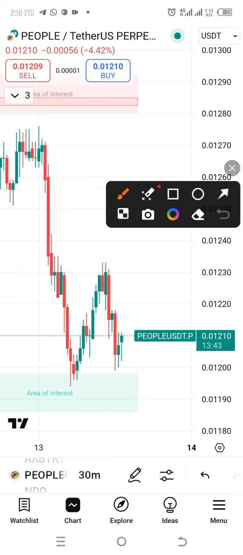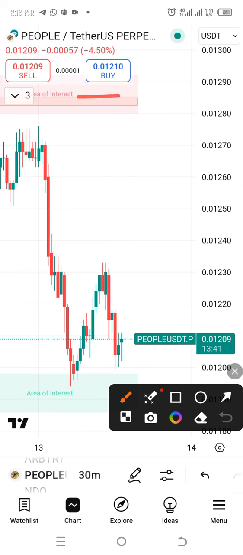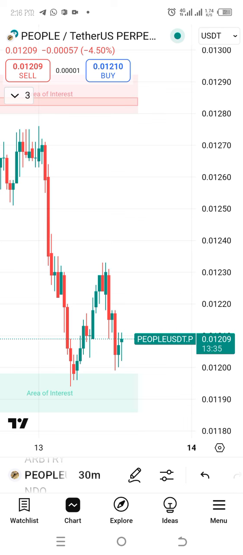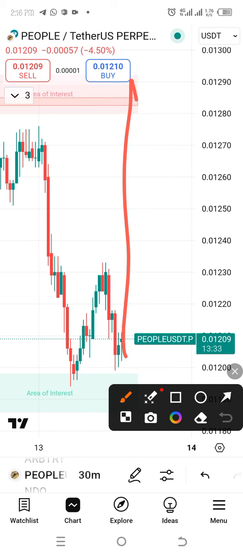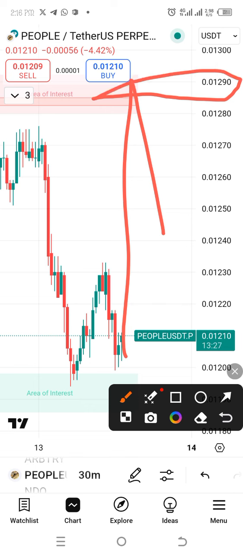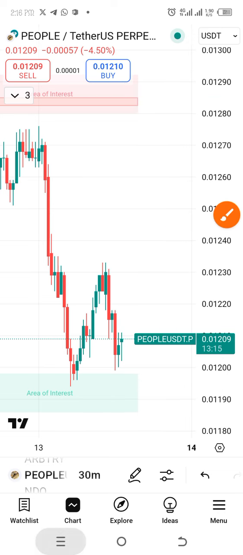If the market reaches the resistance level here, it will flash down. So I will place my limit order here, and once the market reaches here and reverses back, I will be in profit. Let me show you how to place it.